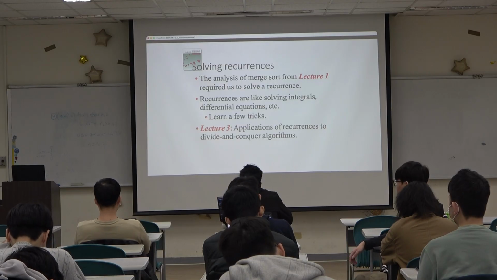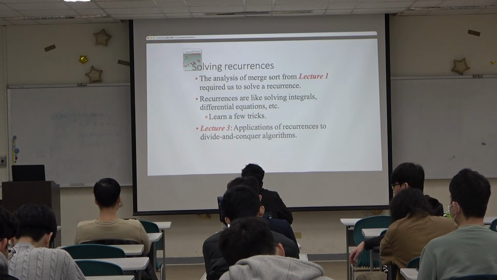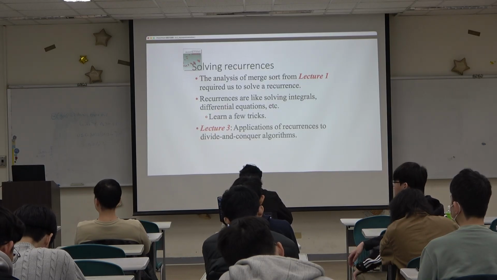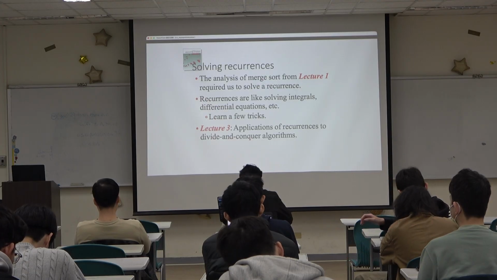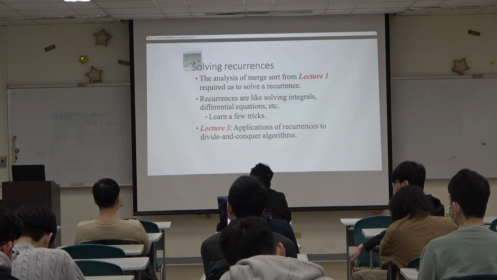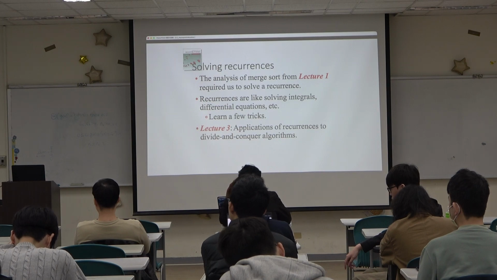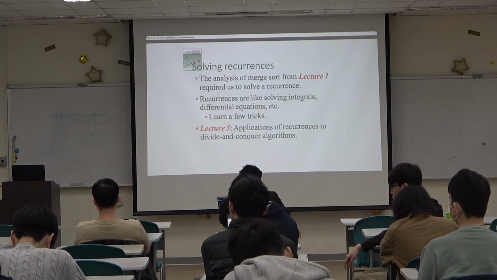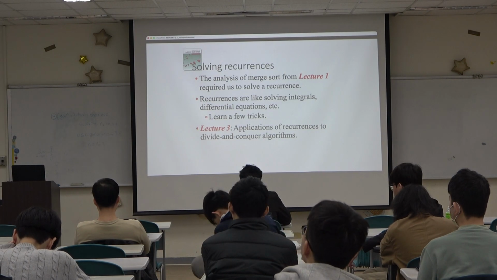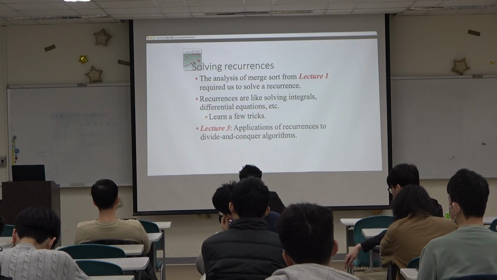But of course, it may come from other places. I'm not saying recurrence must come from recursive programming. I just want you to understand that when we say recurrence, it means the function is defined by its lower terms plus some additional stuff. Then we call it recurrence.